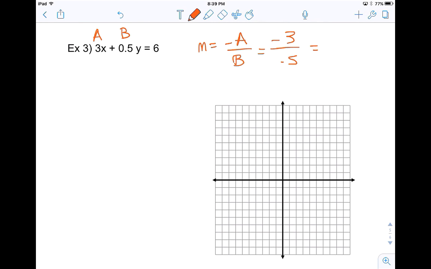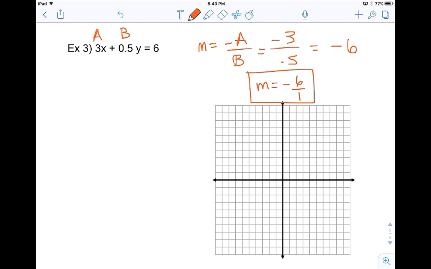Now 0.5 is the fraction 1/2, so really it's negative 3 divided by 1/2. We've talked about in the past, when we divide by a fraction, we're really multiplying by its reciprocal. So instead of dividing by 1/2, we're really multiplying by 2. And negative 3 times 2 gives us negative 6. So our slope would turn out to be negative 6 over 1.